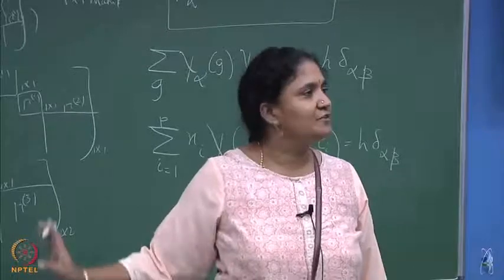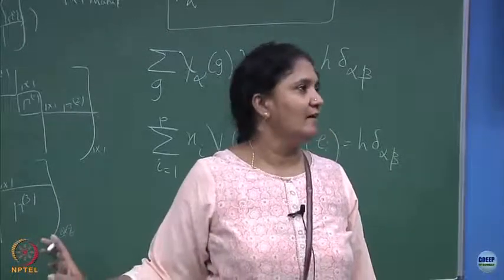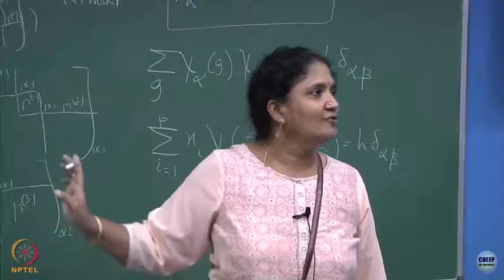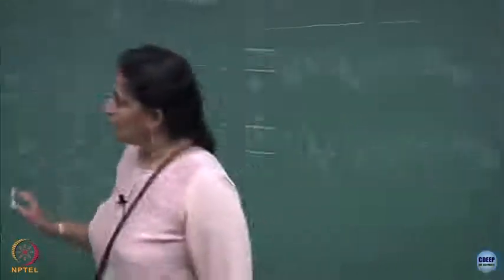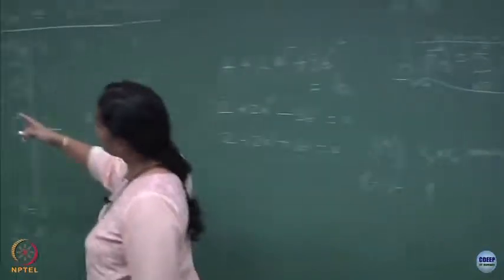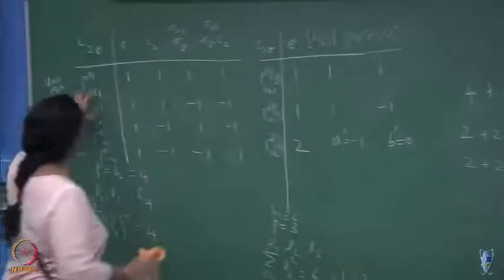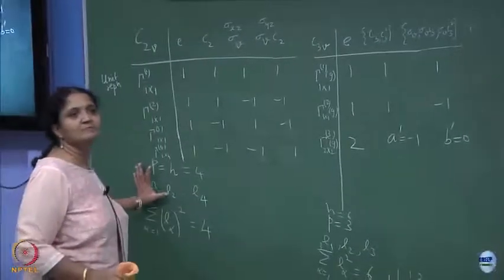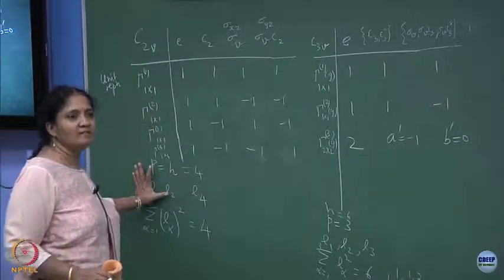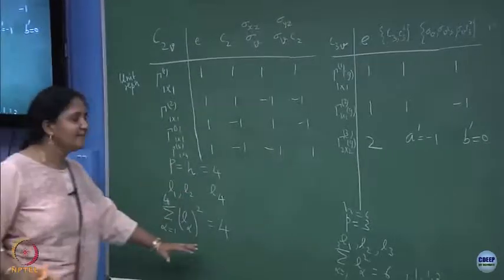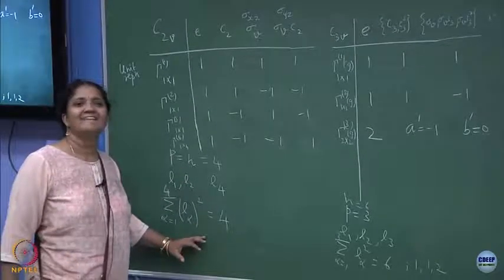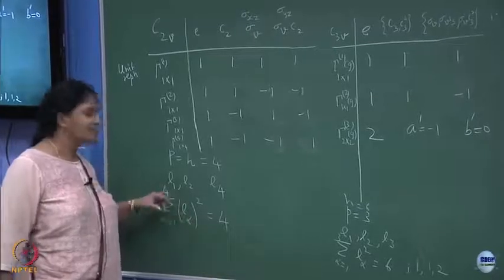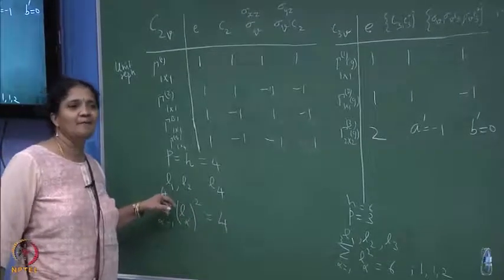And you do see that as you go from abelian, abelian will always have only 1 cross 1. What is the reason? It has to satisfy this condition, and there will be the same number of elements in the abelian group.